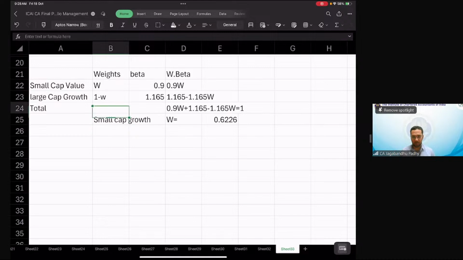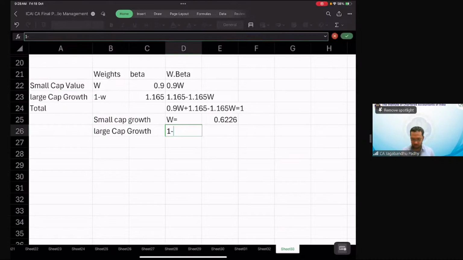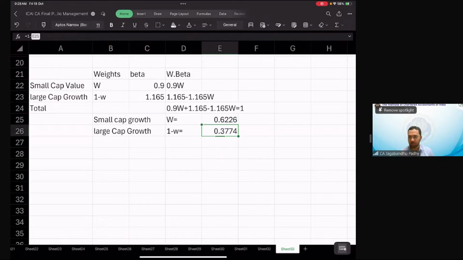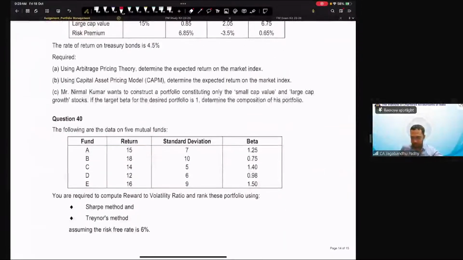Right? And then what will be the weightage of large cap growth? That will be, of course, 1 minus the weight, which is 1 minus this, which is 0.3774. These should be the weightages to make the weighted beta equal to 1. Okay. That's it. Simple.